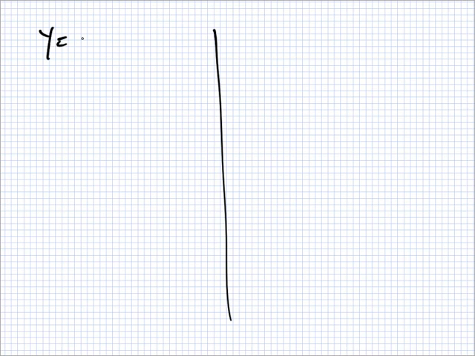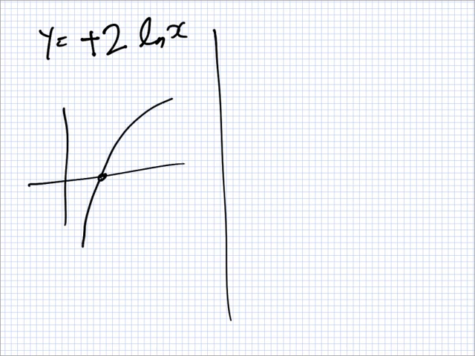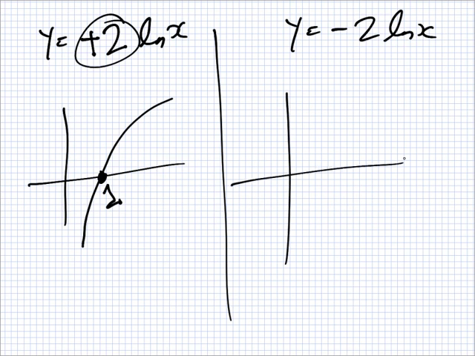If you have y equals positive 2 log x, then the graph looks like this, and it still crosses here at 1. Doesn't matter what this number is. And if y equals, say, minus 2 log x, the only difference is it's upside down. But it still crosses at 1, because log of 1 will be 0. We can't put negative numbers here, so it can only be positive.